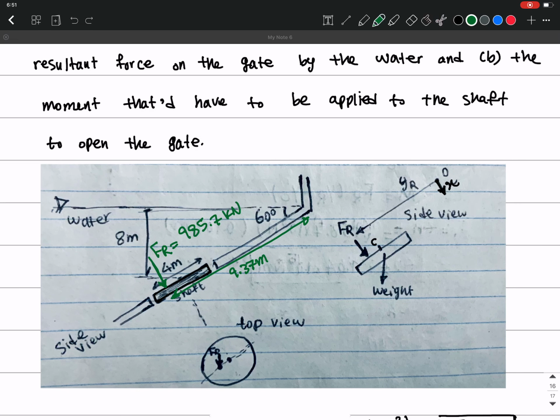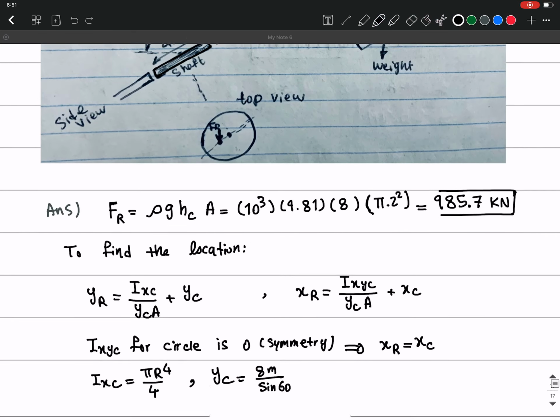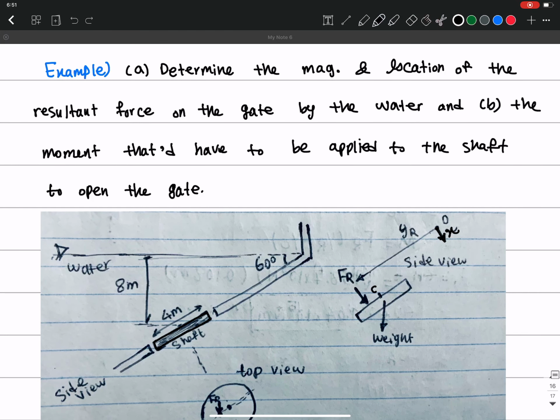So this is how we can get these numbers and find the location and the magnitude of that force.